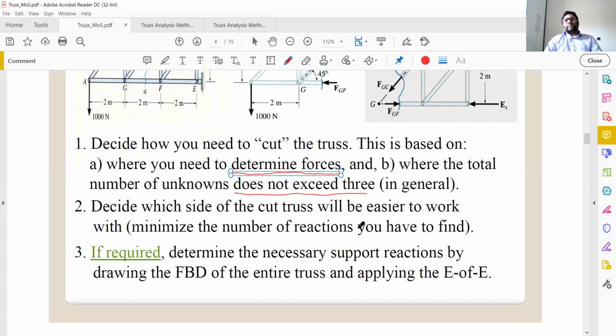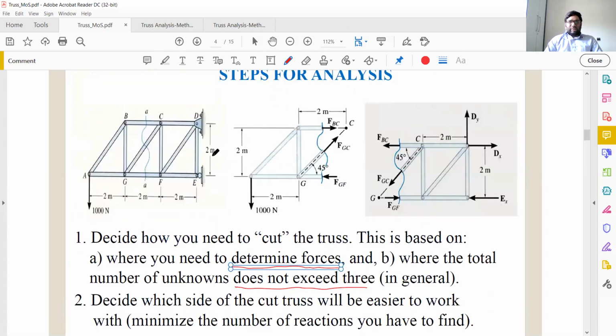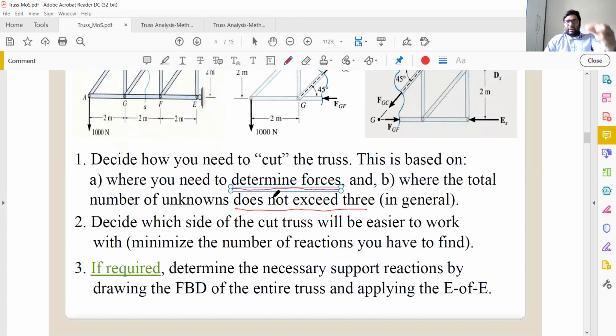I will show an example in the coming slides. You are given a long truss. Imagine you are traveling in a train, mostly on a railway bridge like Howrah Bridge, or the longest steel bridge in Vijayawada or any other place.